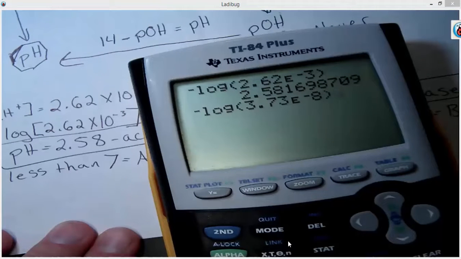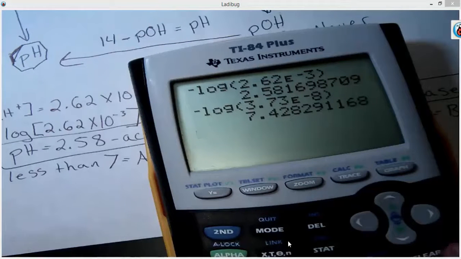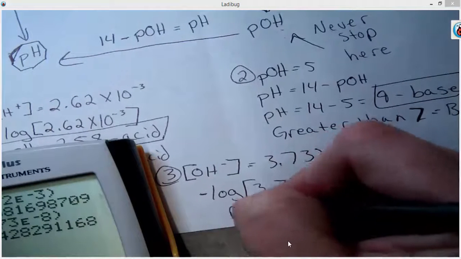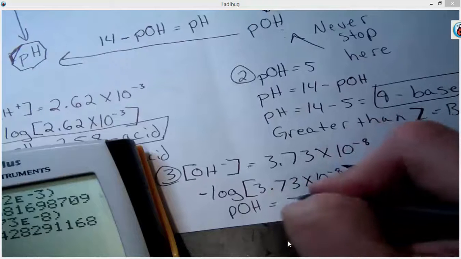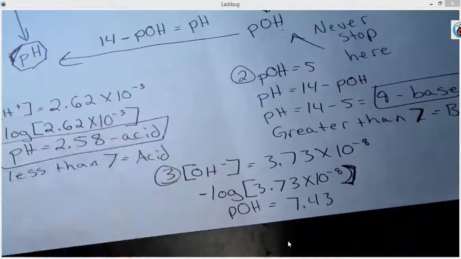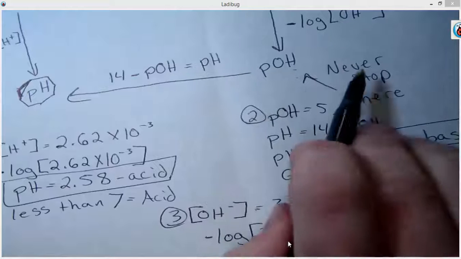Close those parentheses and hit enter. And we get 7.4, and we can round that to 7.43. So our pOH is 7.43. Now we're here, and remember we never stop here.